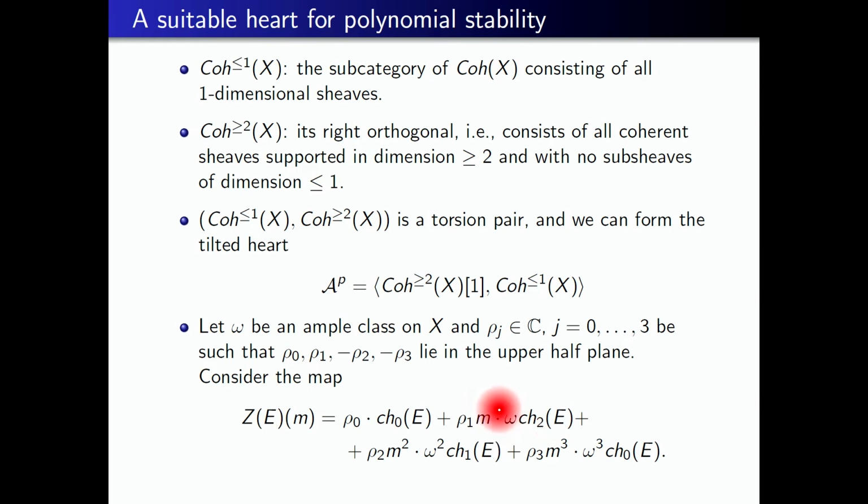So omega ch_2, that's a number, omega squared ch_1, that's a number again. So these are all numbers. And the rho are complex numbers, vectors in the complex plane, in R^2. So you can write your polynomial like that.